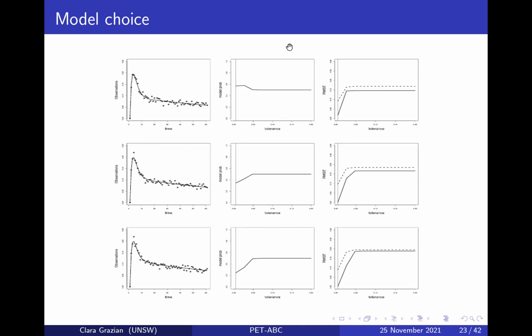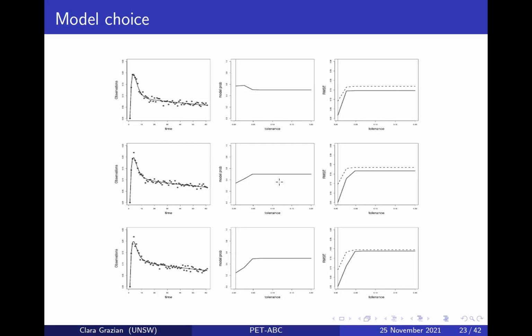In the first row, we have simulations from the one tissue compartment model. In the bottom row, we have simulations from the two tissue compartment model. And in the middle row, we have simulations from a mixture of the two models with 30% weight given to the one tissue model.